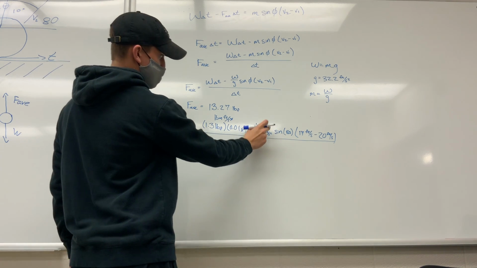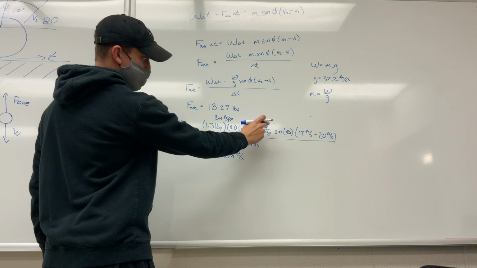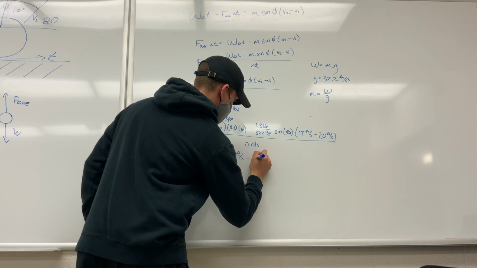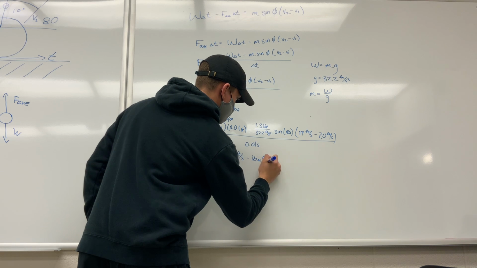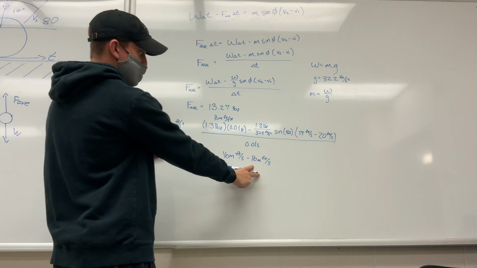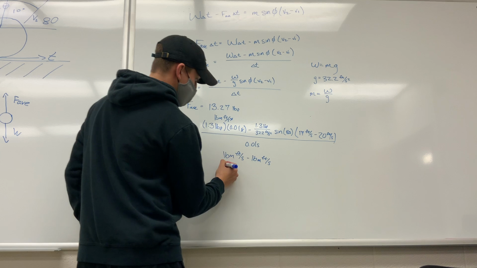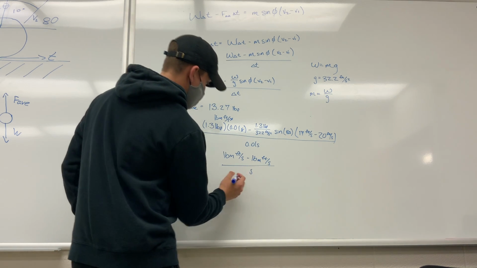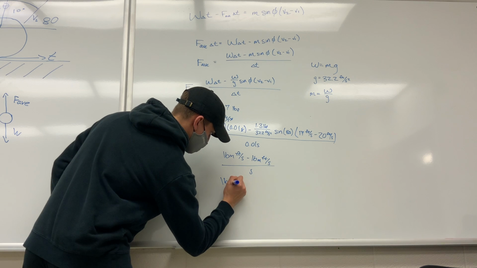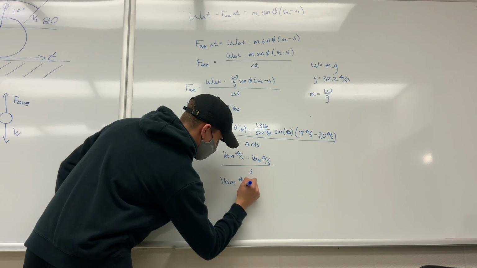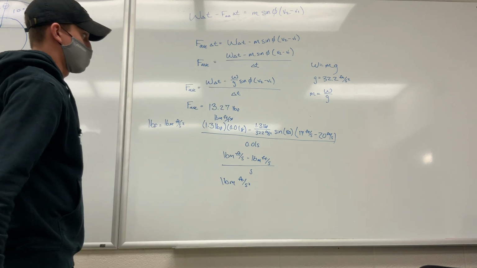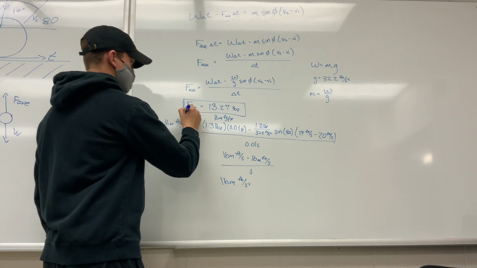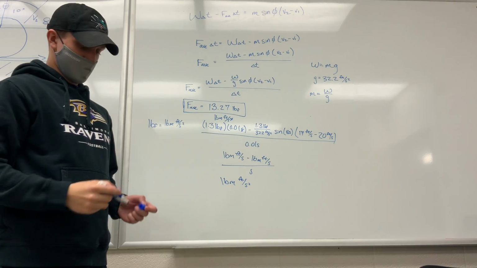So this fraction is just pound mass times feet per second. So that whole right side is pound mass feet per second also, which is good. We want them to be the same units so that we can subtract them. Then we divide that by seconds, which ends up being pound mass feet per second squared, which we just said was pound force, which is our final answer right here. It's 13.27 pound force. Thank you for watching.